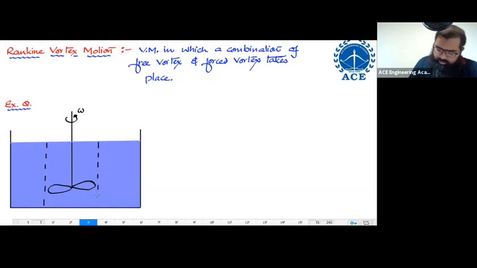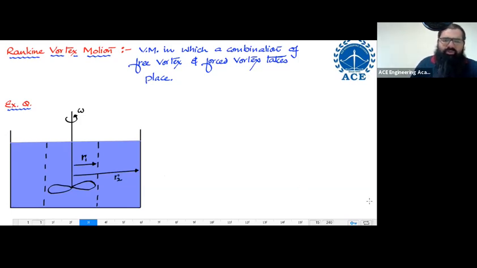Till where the paddle wheel is there, till there omega is remaining constant. Let us say this radius is r1, and this radius is some radius r2.